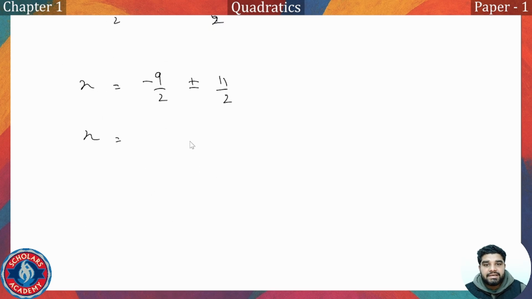If we take negative, we get 20/2, that is negative 10, negative 10 only. And if we take positive, we get 2/2, that is 1. So these are our answers.